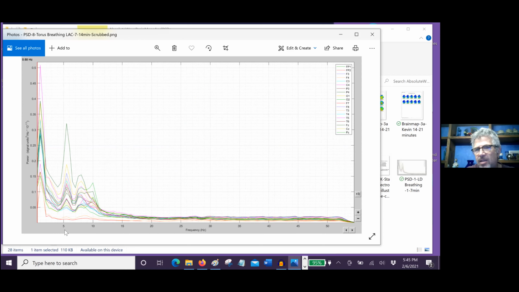That's specifically alpha, so 10 is the low alpha right there. Yes. And then we have 8 is the high theta, and then 6 is the middle theta.